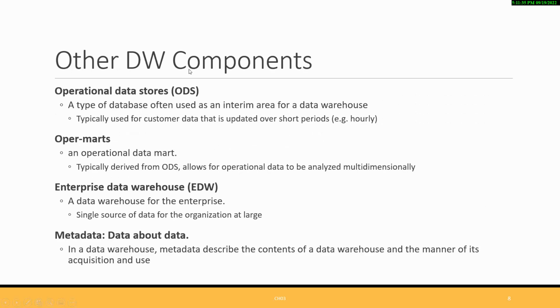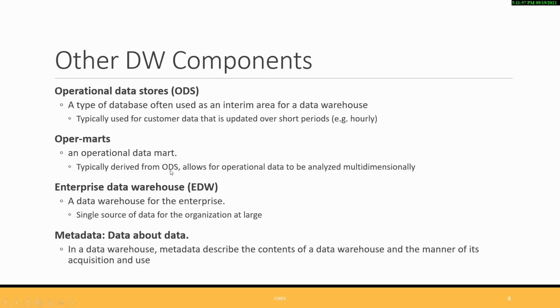Let's look at some of the other data warehouse components, such as operational data stores, which is a type of database often used as an interim area for a data warehouse. Typically, we use these for customer data that is updated over short periods. Another variation is an oper mart or an operational data mart.